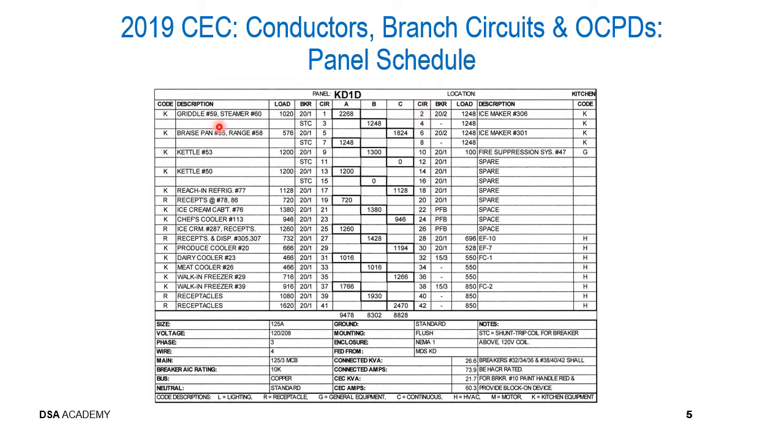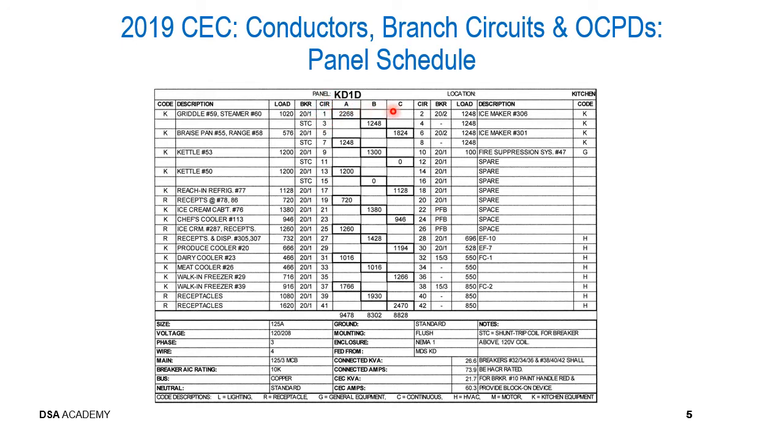And if we just look at this very first entry, the code is K, which stands for kitchen equipment. It's actually a griddle number 59 and a steamer number 00. Again, we're not concerned with the loads, but we are concerned with the fact that it's a 20 amp single pole breaker and it's attached to circuit number 1.